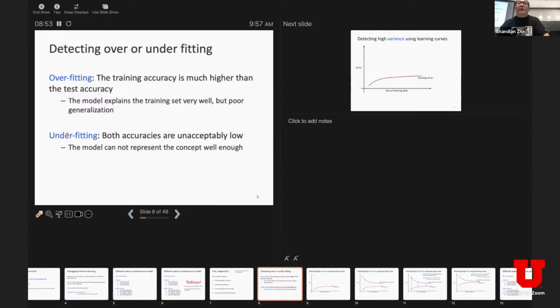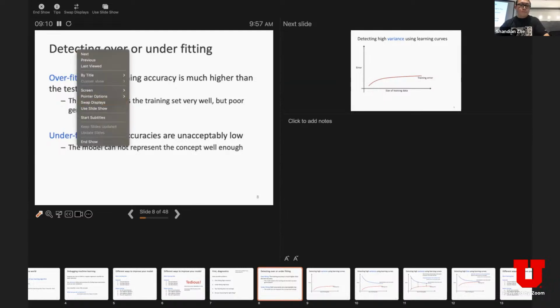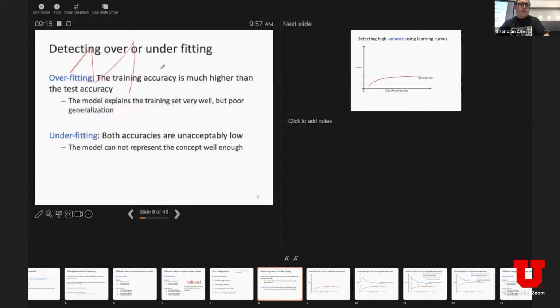And what's the behavior of underfitting? If your model is too simple, how can you see that? For example, the target function is something like this. It's very vivid. But now you're going to use a linear regression to learn that.